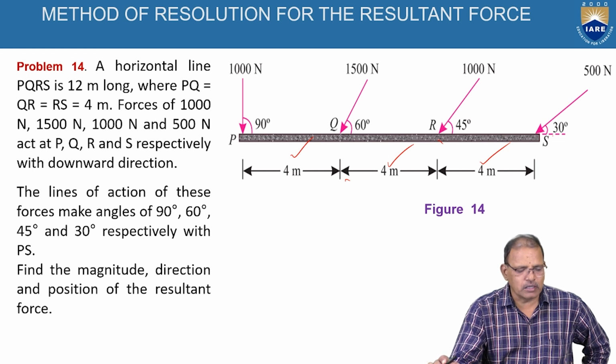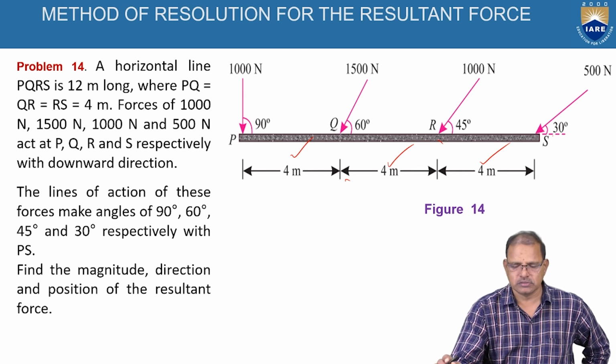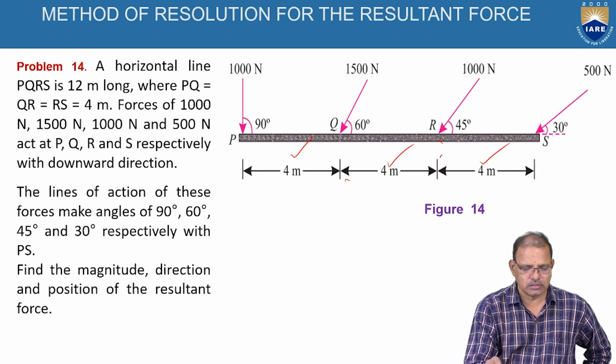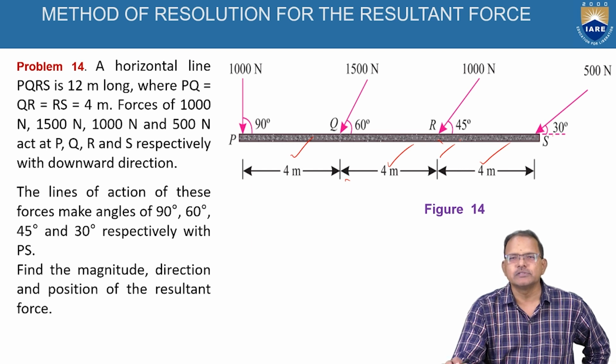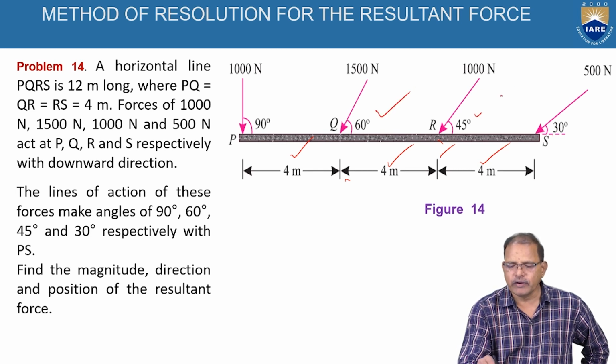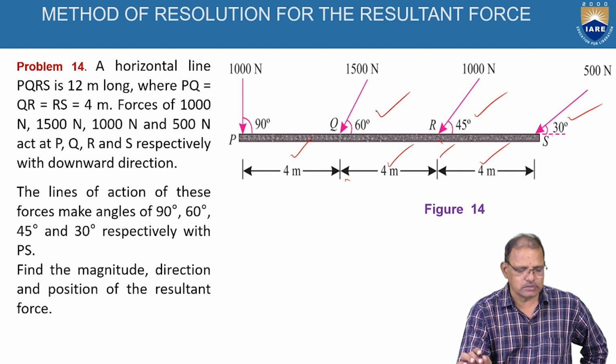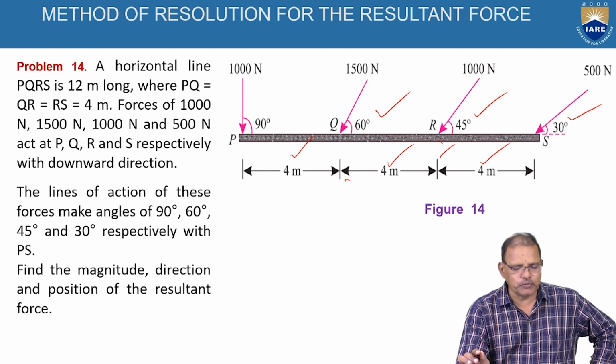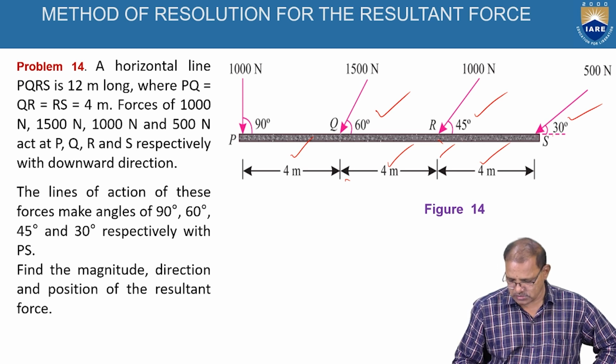Forces of 1000 newtons, 1500 newtons, 1000 newtons and 500 newtons act at P, Q, R and S respectively in downward directions. The lines of action of these forces make angles of 90 degrees, 60 degrees, 45 degrees and 30 degrees with PS. Find the magnitude, direction and position of the resultant force.